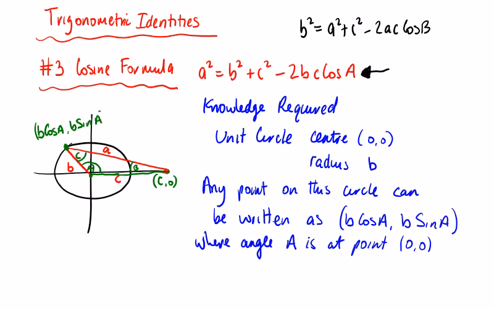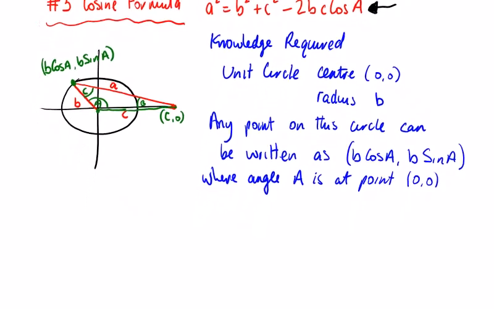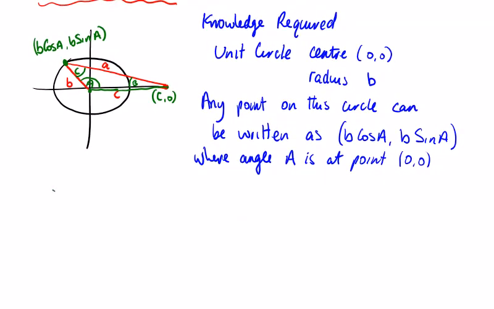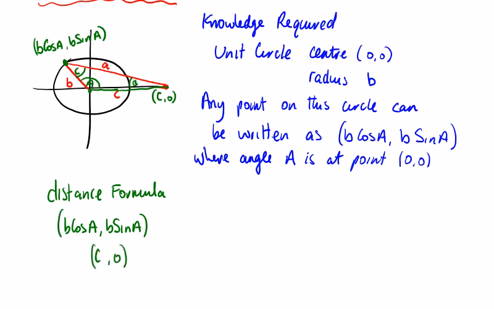So this is probably one of the trickier ones. There's a little bit of knowledge required here before we start it. When we get to this point, it's the distance formula again that we're going to use, similar to number 1. So we're going to get the distance between B cos A, B sin A, and the point C,0.